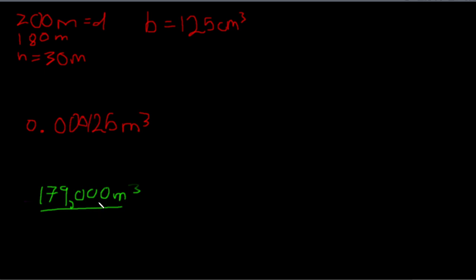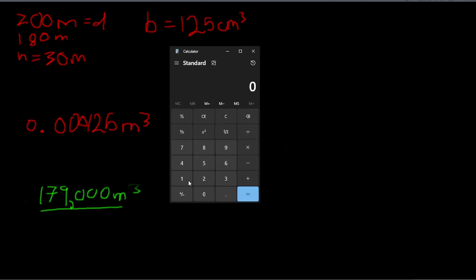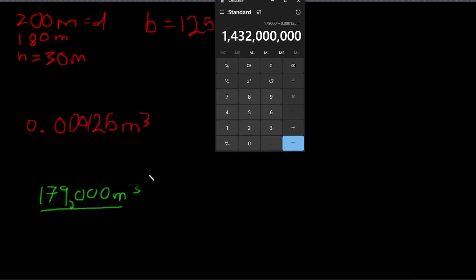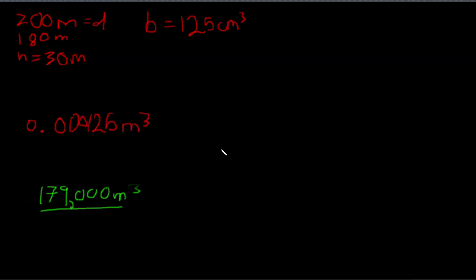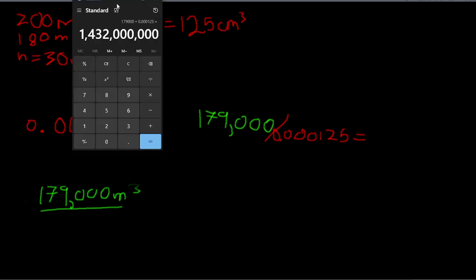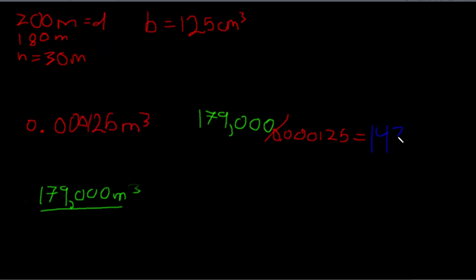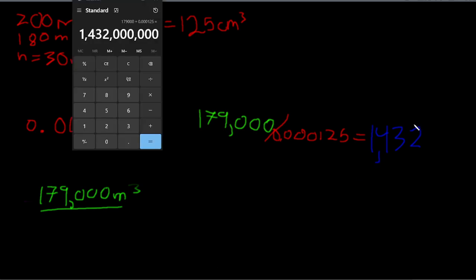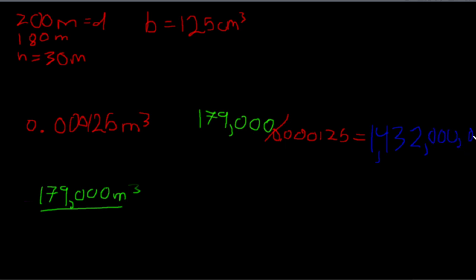Now, how many of that is going to fit into this? You just divide 179,000 by 0.000125, which equals a really big number, about 1.432 billion.